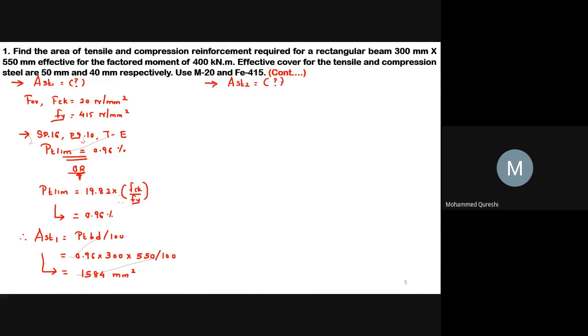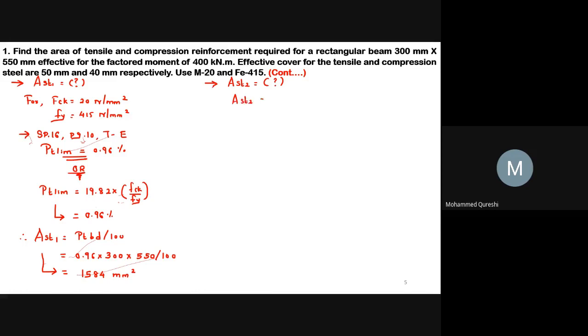Now for AST2 we have to use the IS 456 2000, and in the previous theory also we had seen that AST1 is the area of tension reinforcement required for a balanced RC beam, and AST2 is the area of additional tension reinforcement.